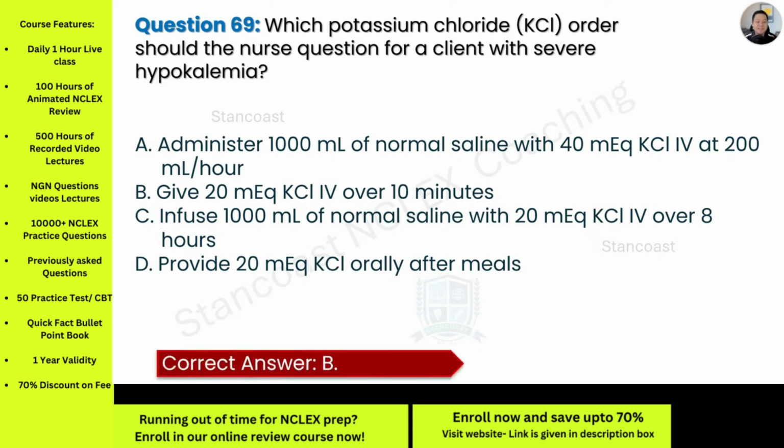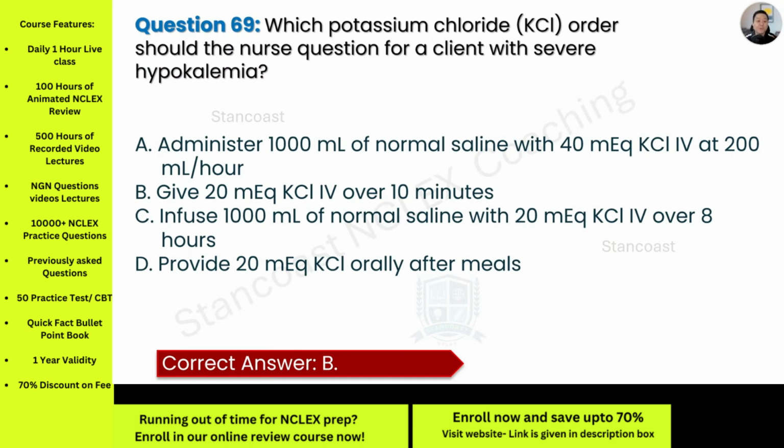The answer is letter B, because the rapid IV administration of potassium, we call that bolus or push, is strictly contraindicated because it can cause life-threatening arrhythmias and it can lead to cardiac arrest. So take note about the safe administration of IV potassium replacement in hypokalemia.